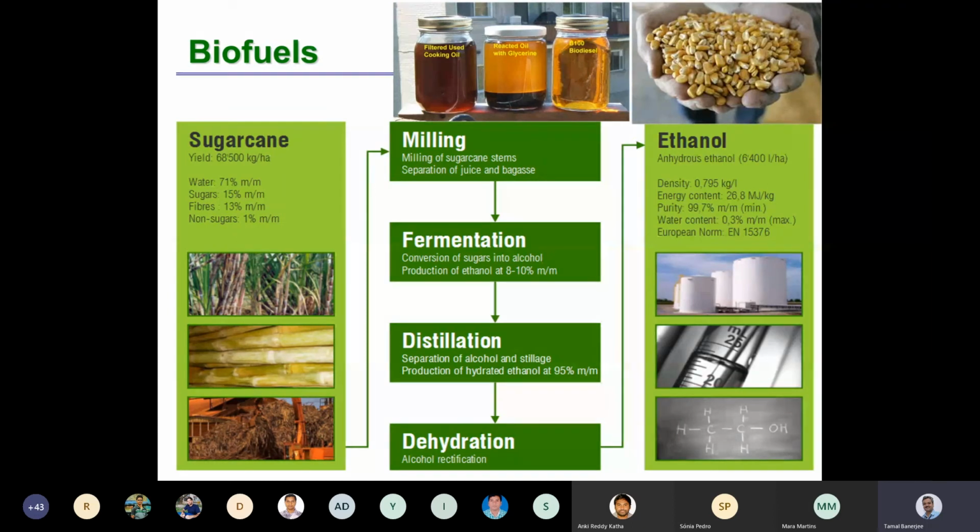Some types of industrial plants make only ethanol, or sugar and ethanol.